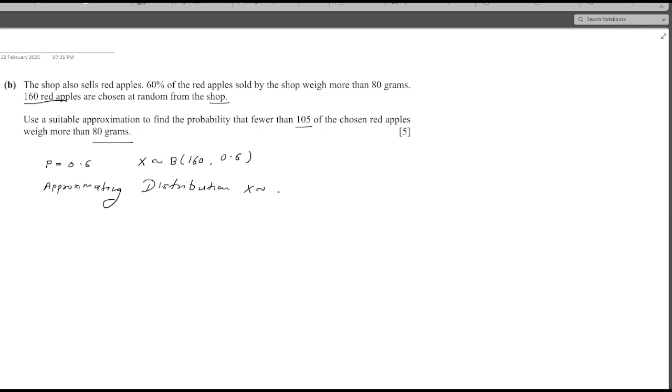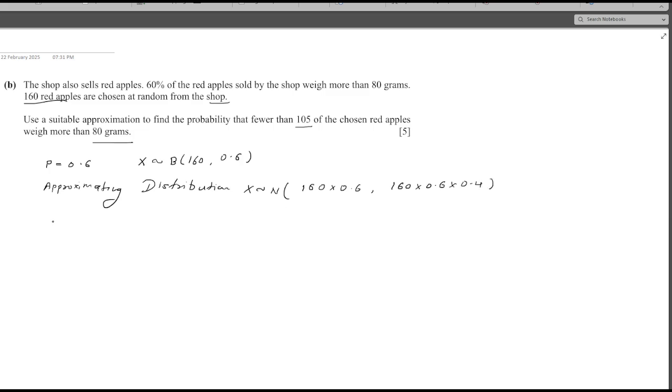So I will say that X follows a normal distribution with the mean NP. N is 160, P is 0.6, and your variance is NPQ, that is 160 into 0.6 into Q, the probability of failure, which is 0.4.